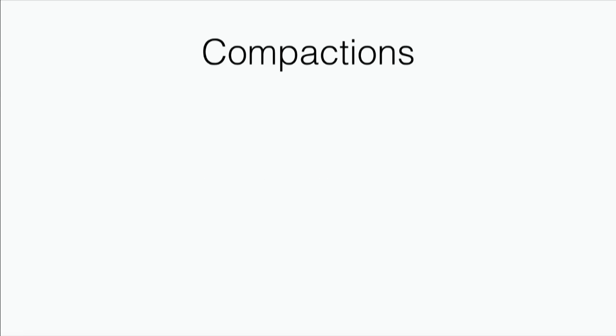So compactions. Over the course of operation, we're taking in writes to the write-ahead log, and we'll flush them out into a TSM file. Say we flush out four separate TSM files. Over time we want to combine those into larger files so that we don't have a bunch of different indexes that we have to hit to answer a query.